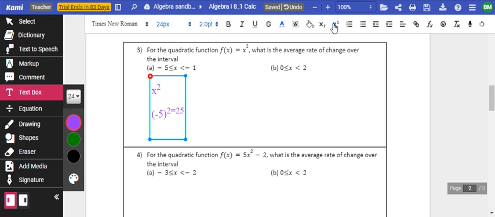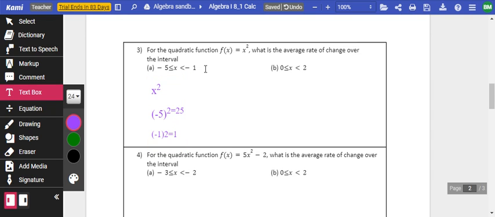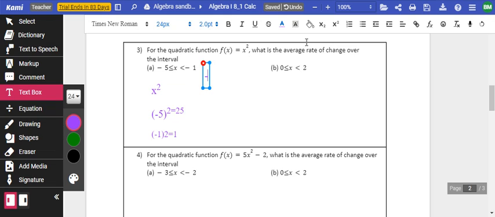And then we have to do -1 squared, which gives me 1. Okay, so now I have these points. I have -5 and 25. I have -1 and 1.